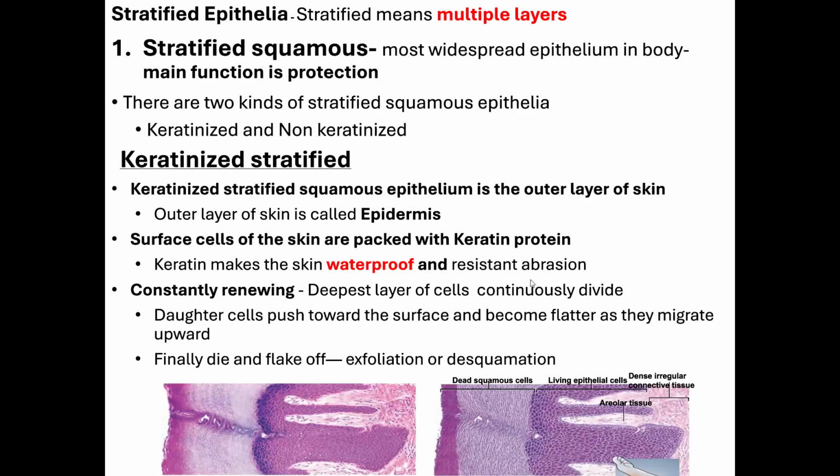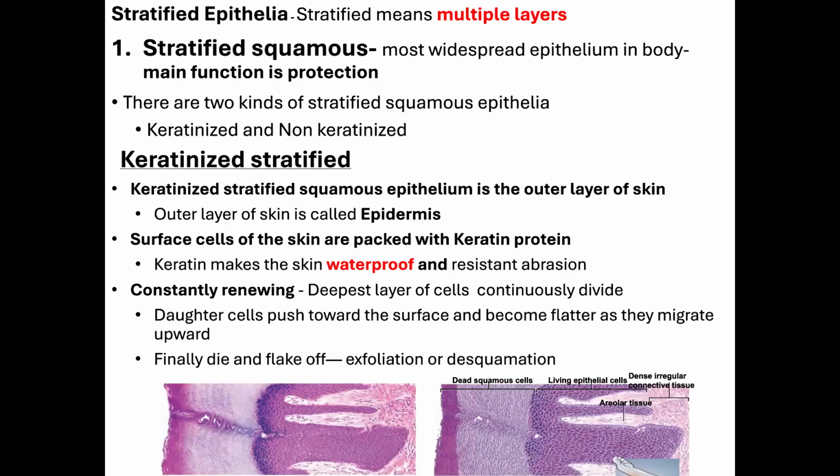Also, the cells in the skin are constantly renewing. So what happens at the bottom layer of the skin? Cells are being produced continuously. They are moving up. And as they move up, they push the next layer up.